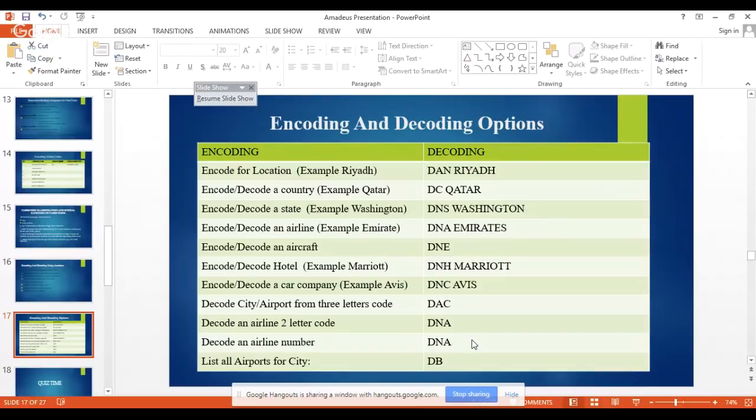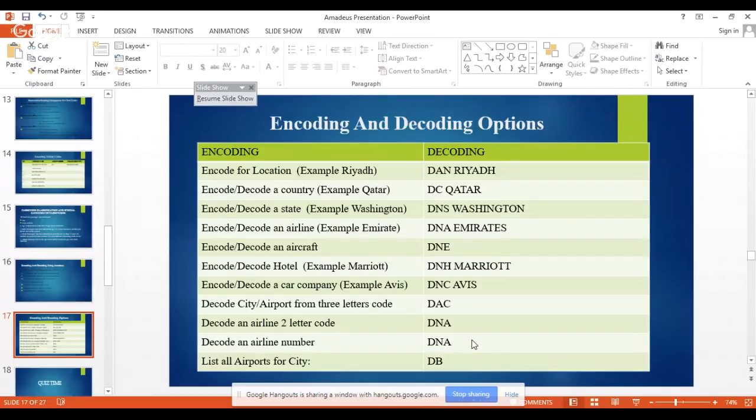You can always call it "don't know airline." And to decode equipment, let's say the equipment number, the aircraft type and so on, it's always DNE, "don't know equipment." Once you're familiar with that, you can easily do anything. You are good to go on Amadeus.